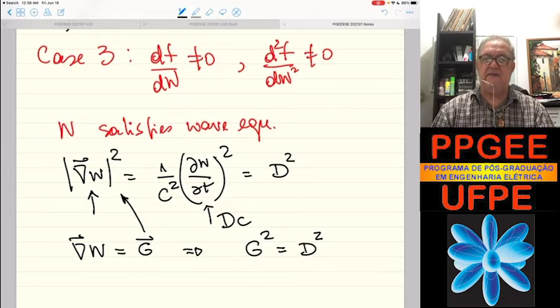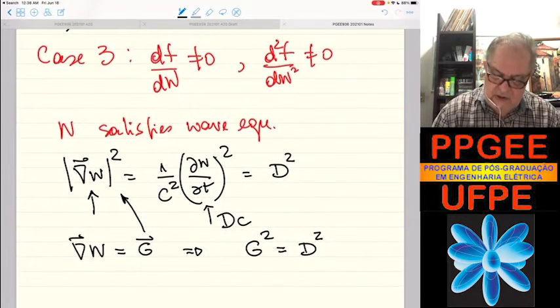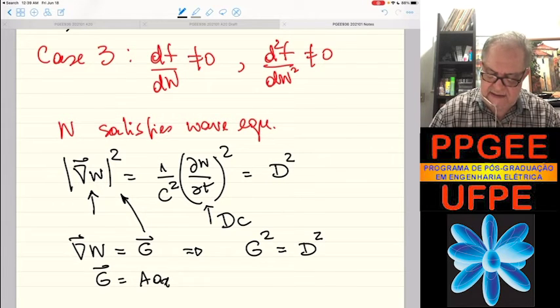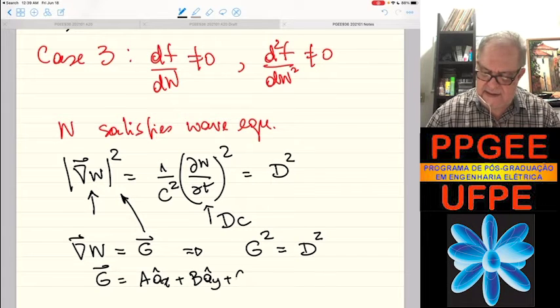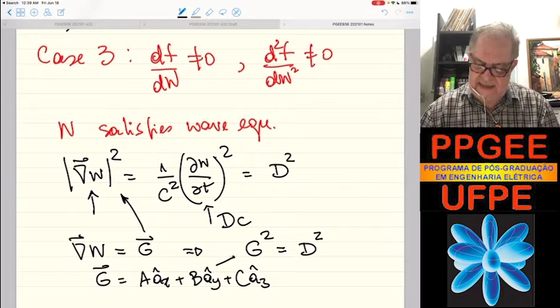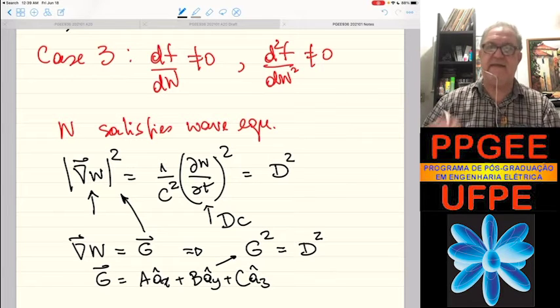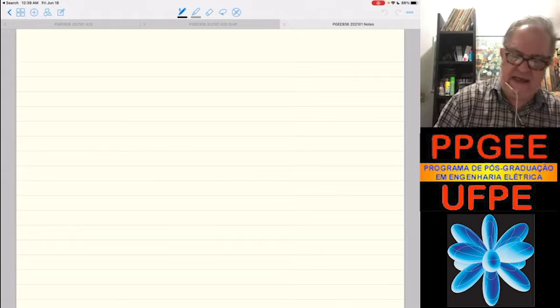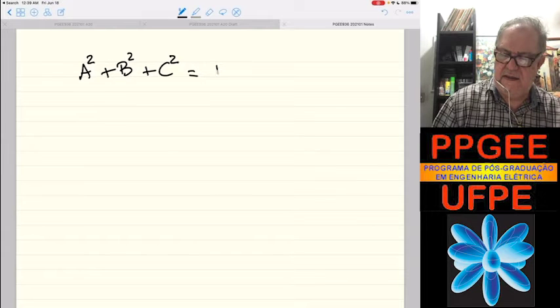That's all that is required for me to satisfy this equation. Well, let's call g with components a ax plus b ay plus c az. So if I plug that into that equation, it's going to be a squared plus b squared plus c squared equals d squared.